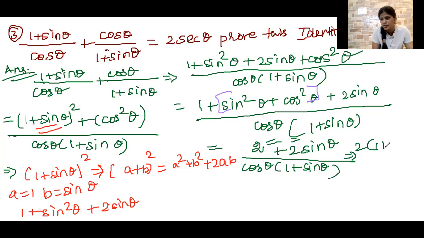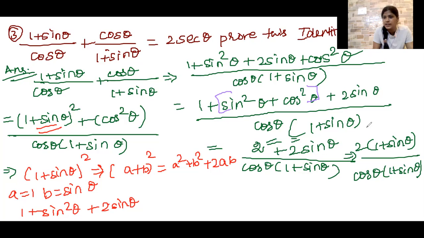If you do that, it's going to be 2 times 1 plus sine theta upon cos theta into 1 plus sine theta. So you can cancel out the 1 plus sine theta in the numerator as well as in the denominator. You will be left with 2 divided by cos theta, which is nothing but 2 times 1 by cos theta, right?